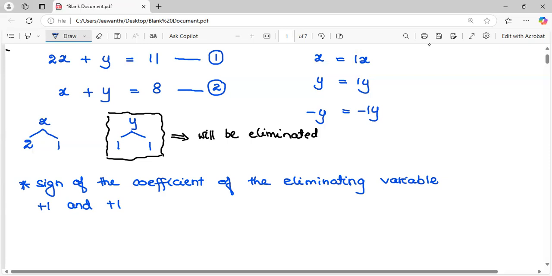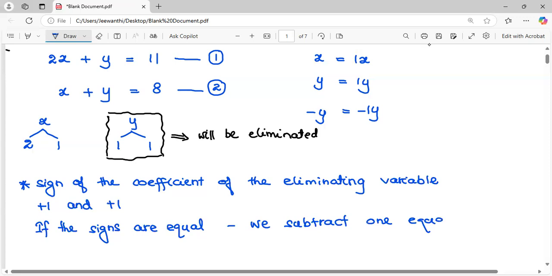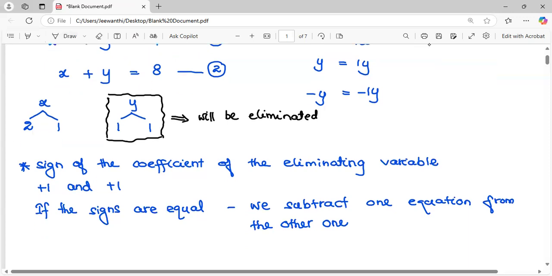If the signs are equal, we subtract one equation from the other one. Either it can be 1 minus 2 or 2 minus 1. It can be anything, no hard and fast rule. The only thing is you want to subtract one equation from the other.